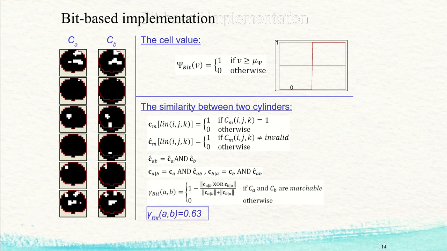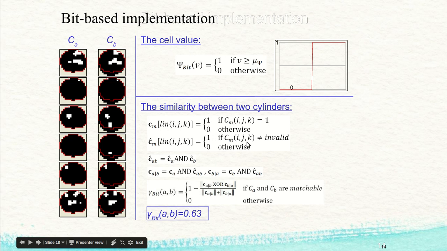But in this case the value will be in the form of 1 and 0. The sigmoid function will give a value of only 0 or 1, so our cm IJK will be either 1 or 0.